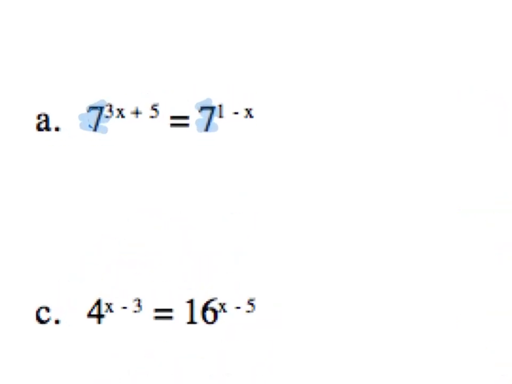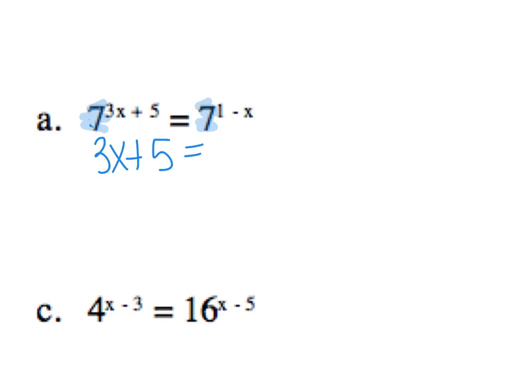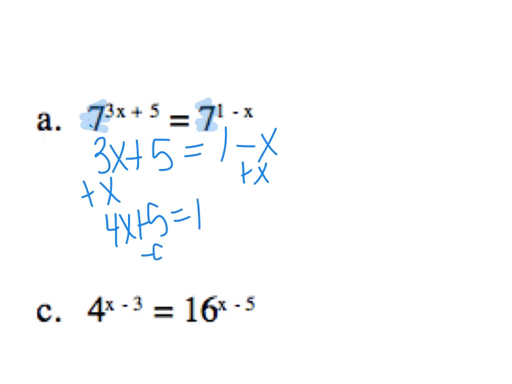So 3x plus 5 equals 1 minus x. And again, all it is now is just a multi-step equation getting x all by itself. So I'm going to add x to both sides, and I get 4x plus 5 equals 1. If I subtract 5 from both sides, 4x equals negative 4. Divide by 4 on both sides, I get x equals negative 1.